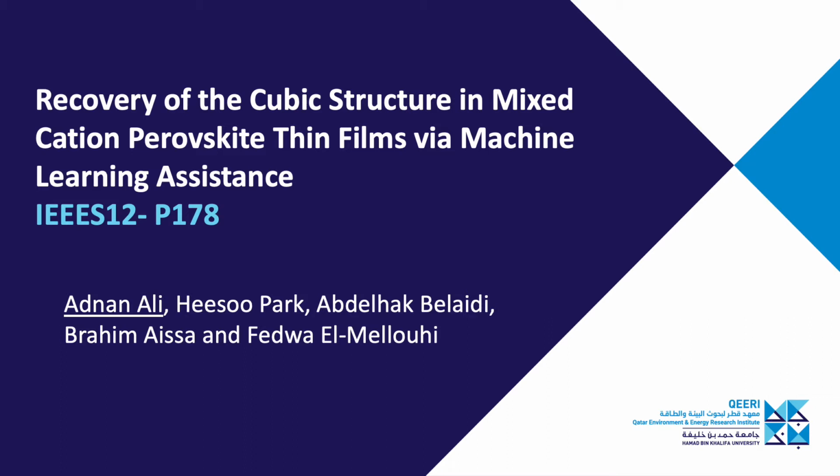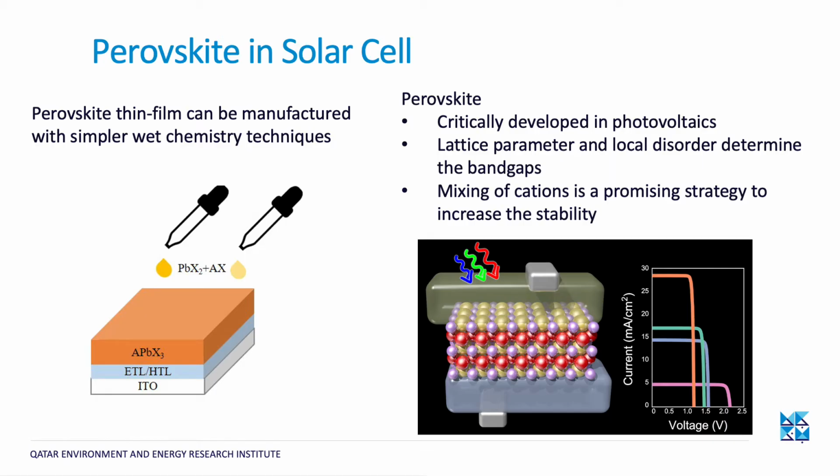Today I'm going to present recovery of the cubic structure in mixed cation perovskite thin films by machine learning assistants. Perovskites are extensively used in solar cells as an absorption layer, and they are giving very promising efficiencies.